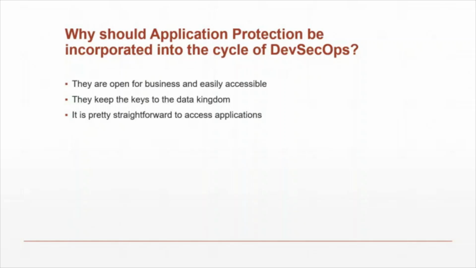They hold the keys to the data kingdom. Databases, file shares, and other critical data are regularly shared with the web application, so this information is easier to find if it has been breached. It is pretty straightforward to access the application. Hackers have tools that let them target and aim at the web application to discover malicious activity.